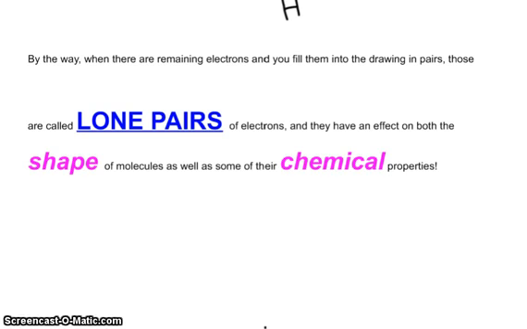These lone pairs of electrons might not look that important right now on paper, but we have to remember that these molecules are 3-dimensional. And when we start building them in class and looking at them in more detail, we'll see that these molecules have shapes. And these lone pairs will affect the shape of our molecules, and because of that, also affect their chemical properties and these intermolecular forces that we'll get into in a little bit.